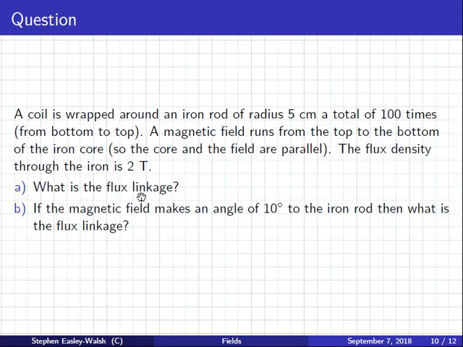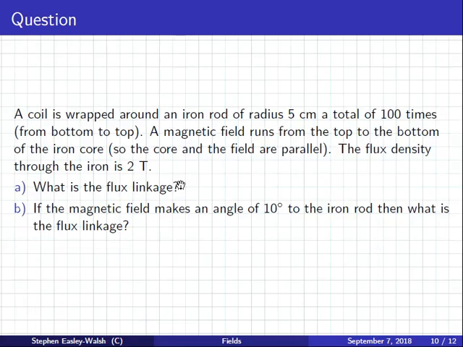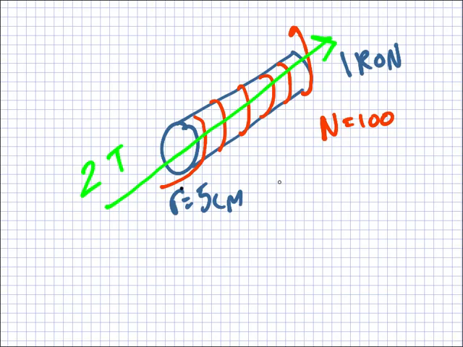Okay, so I have two parts. One, what's the flux linkage, the NBA, and then if the angle is 10 degrees, what is it? NBA cosine. I can calculate. N is 100. A is, what's A?